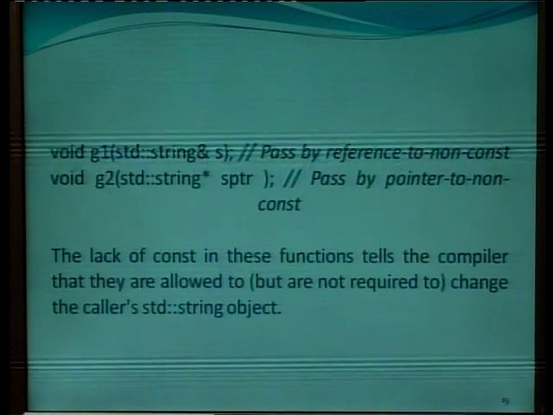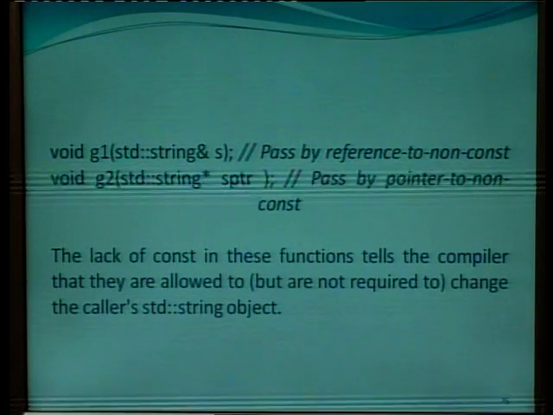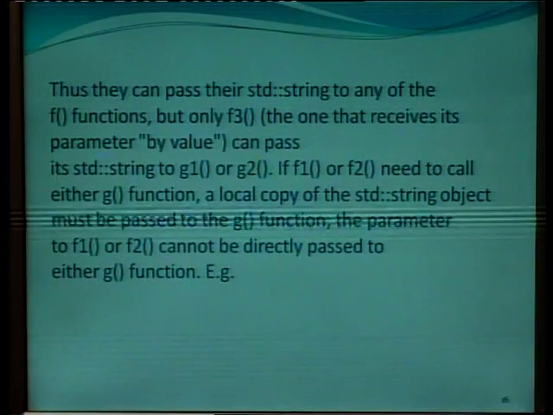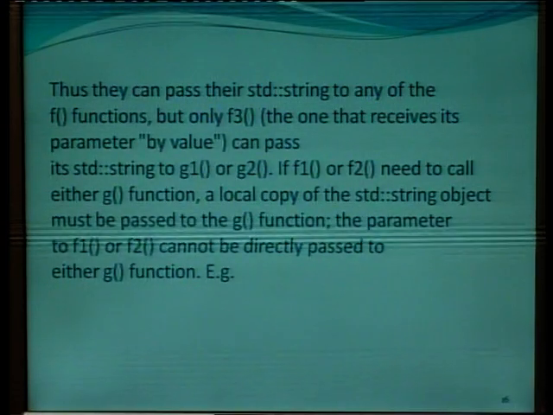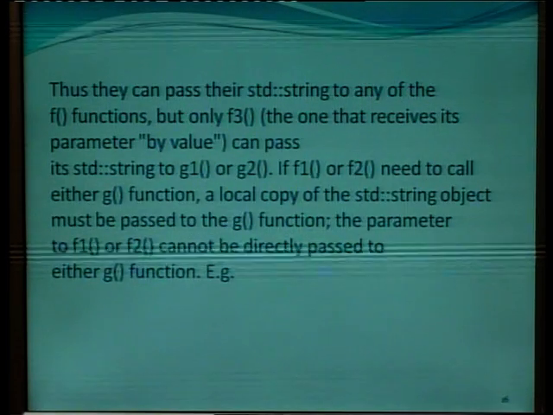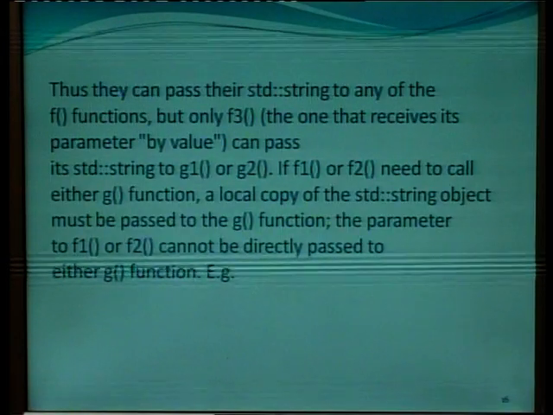And g1 is standard string by reference non-constant, g2 pass by pointer non-constant. Thus they can pass their standard string to any of the f functions, but only f3, the pass by value.